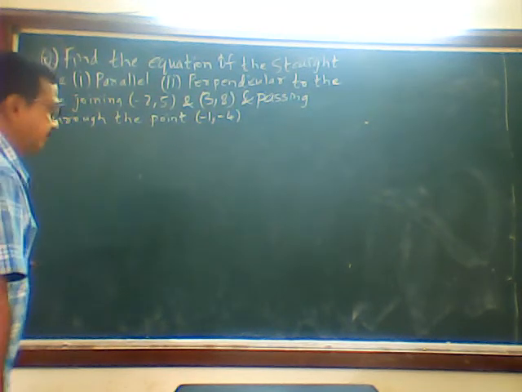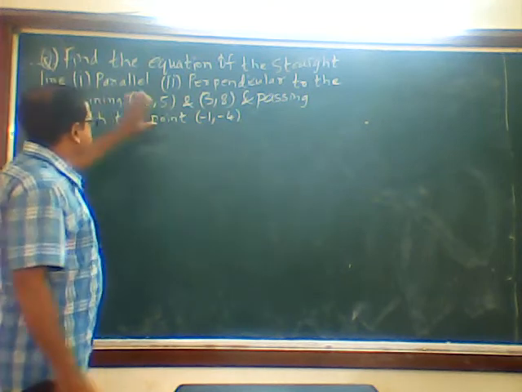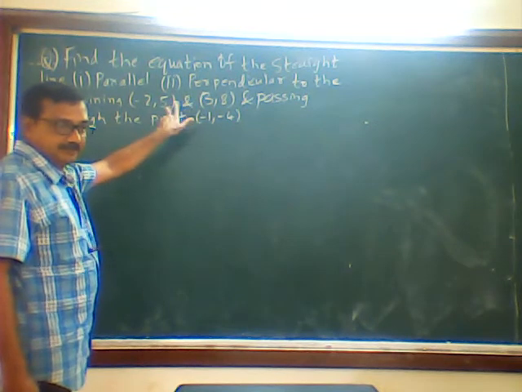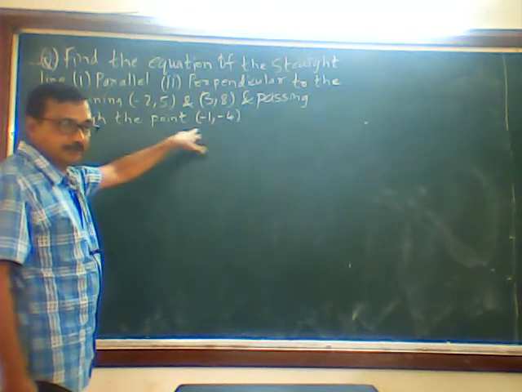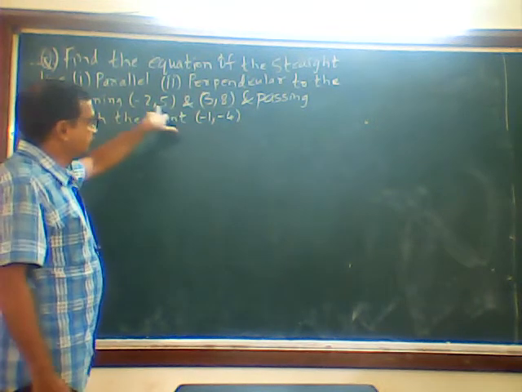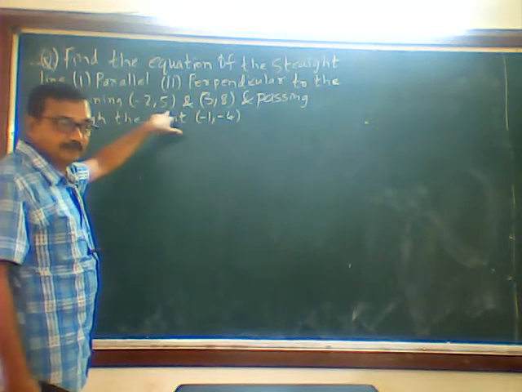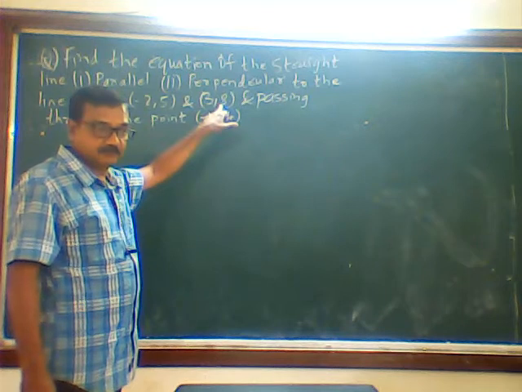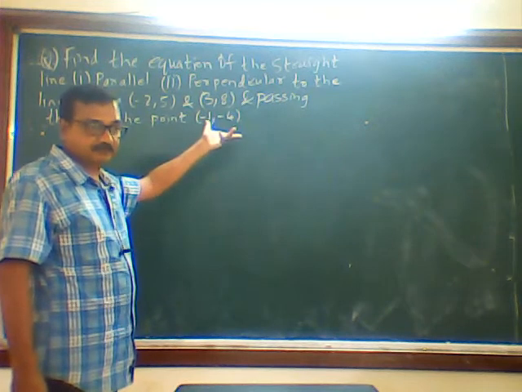Got it? In the earlier question, a line was given. Here, instead of a line, 2 points are given and another point is given in the problem. We are going to treat these as A of x1, y1 and B of x2, y2, and find the slope from them. The other point is P of x1, y1.